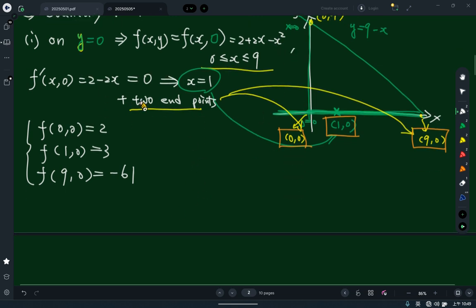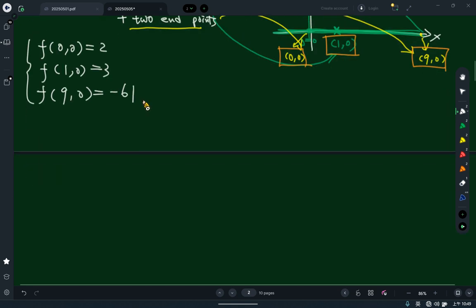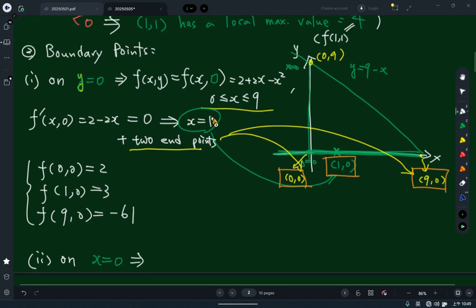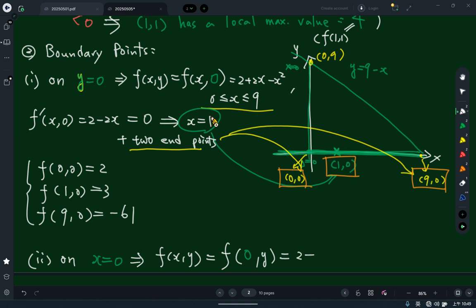So this is the first case. The second case, if x is equal to 0, we can follow a similar step: f(x, y), in this case x is fixed but y is variable, so we get 2 plus 2y minus y squared, then y is also restricted to 0 to 9, right?